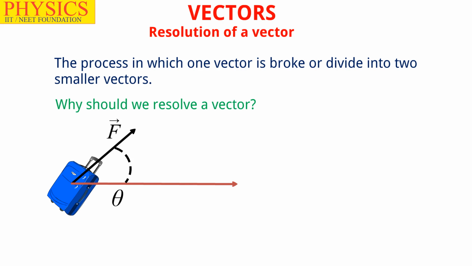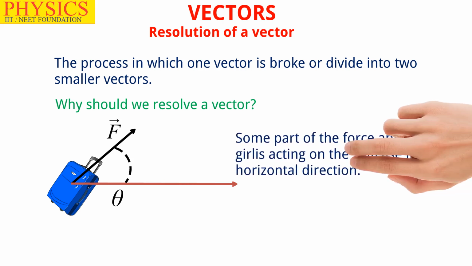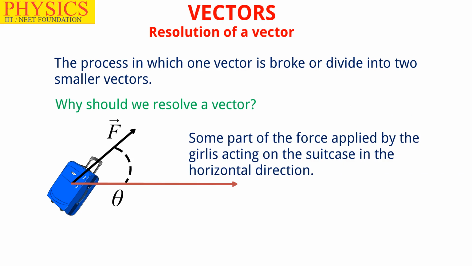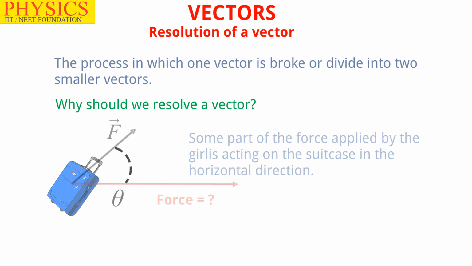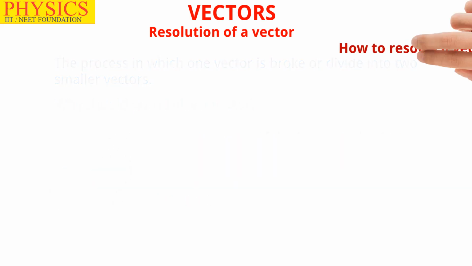Some part of the force applied by the girl is acting on the suitcase in the horizontal direction. So, how to calculate the force acting on the suitcase horizontally? For this reason, we should resolve the force vector into two components.